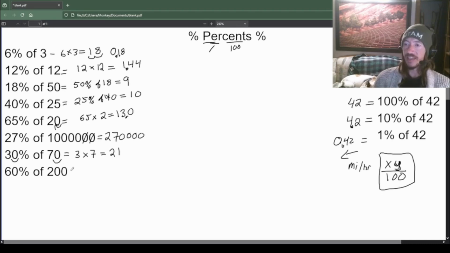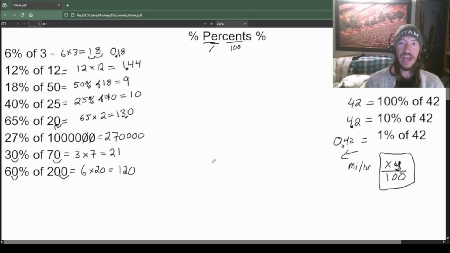Similarly with this, 60% of 200. I can move the decimals however I want as long as I only make 2 moves. So maybe let's move that one there and this one here. And now I'm just looking at 6 times 20. Which is also the same as 2 times 60, 120.